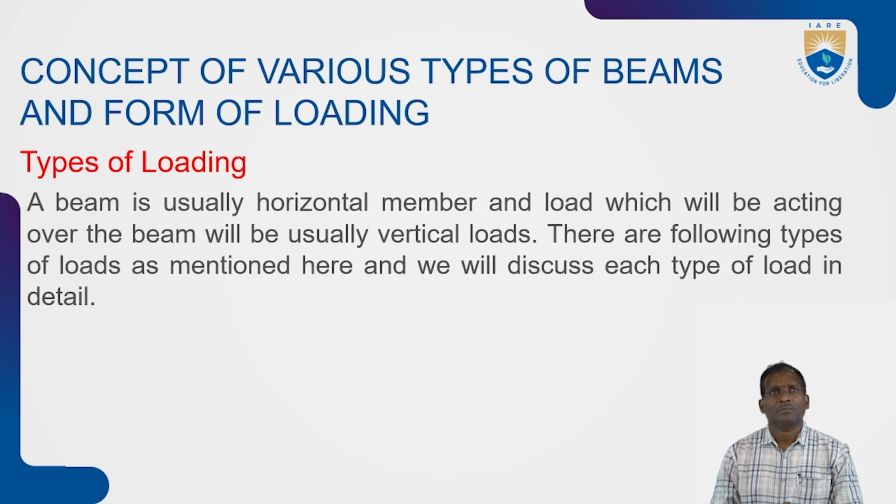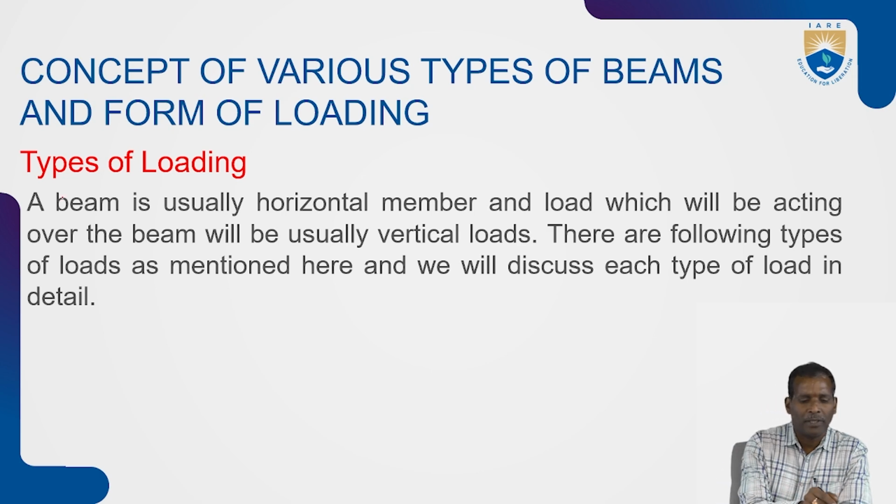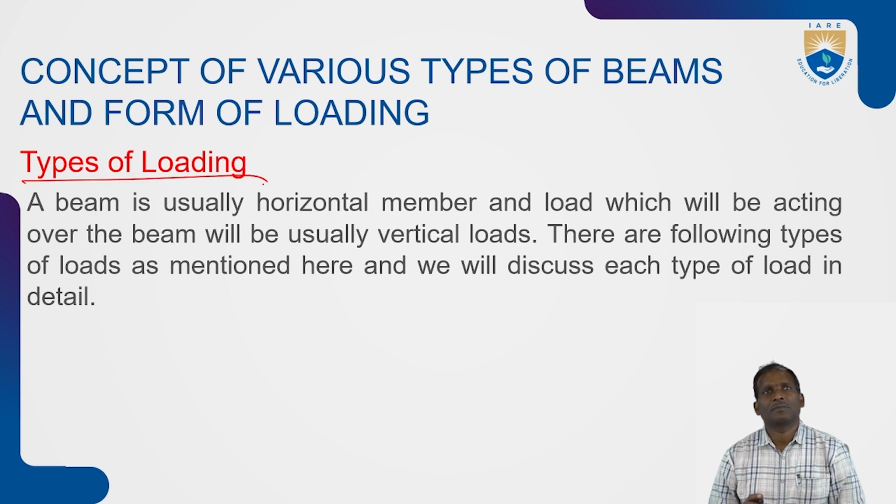Next one is types of loading. The concept of various types of beams we have seen. Now the types of loading: the beam is usually a horizontal member and the load acting over the beam will usually be vertical loads.